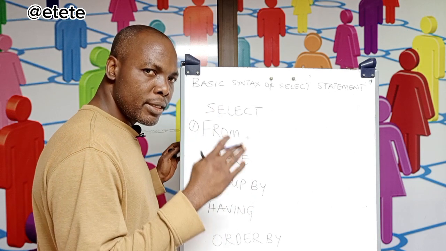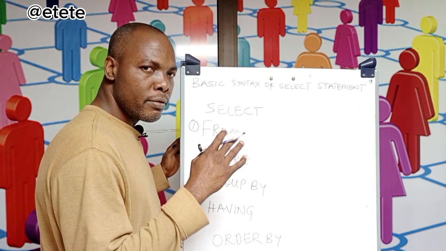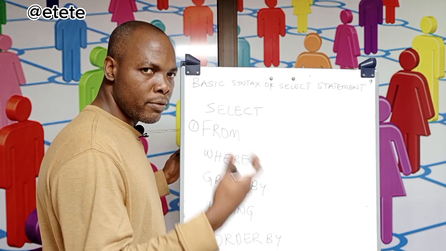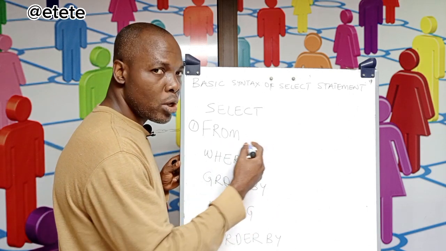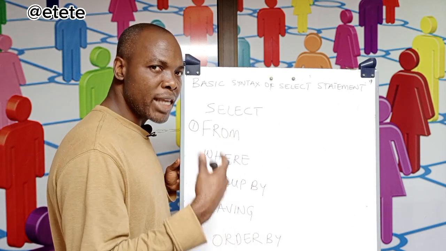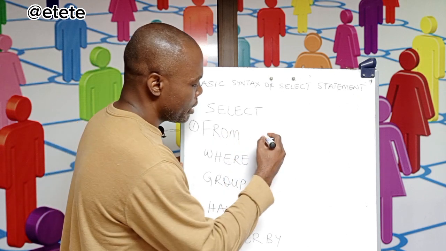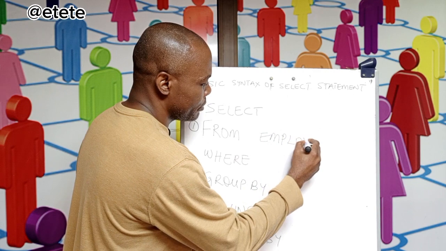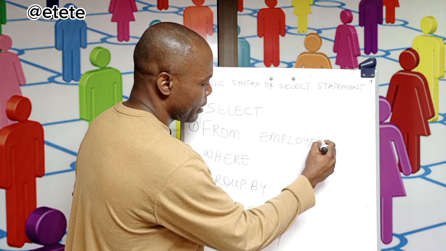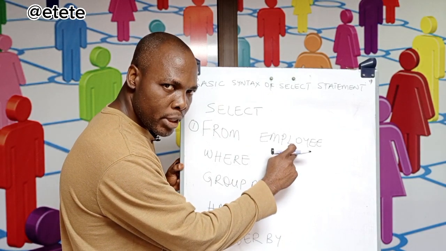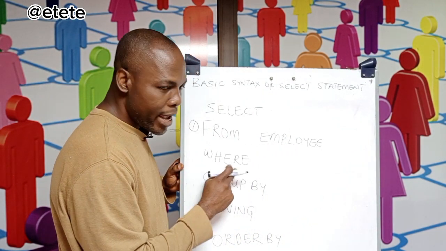Every database is made up of tables. No matter how complex the database is, it is made up of tables. So the from clause is going to pick from a table. For example, if you say the employee table, let's say emp or employee, this is the table. So from this employee table, where?